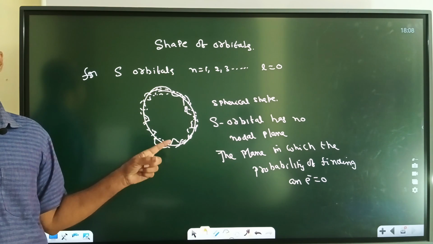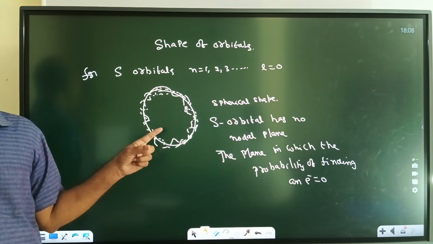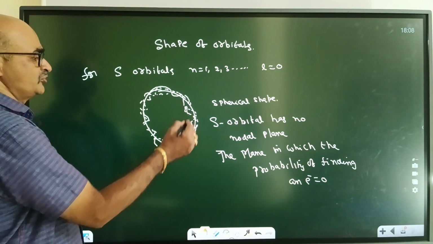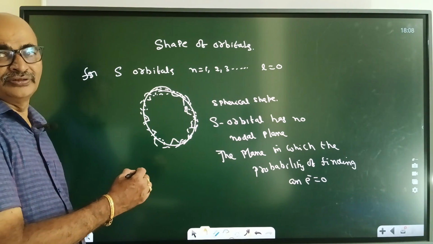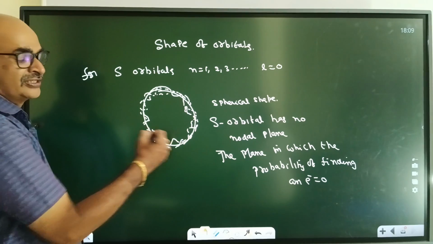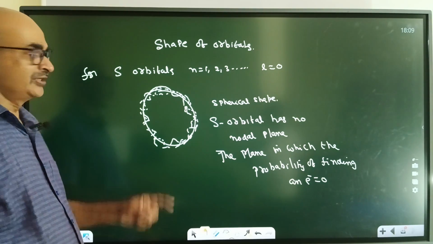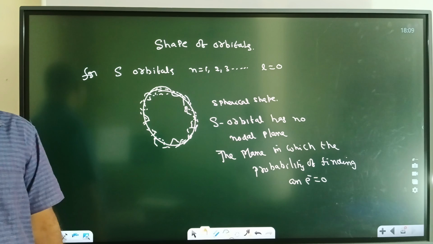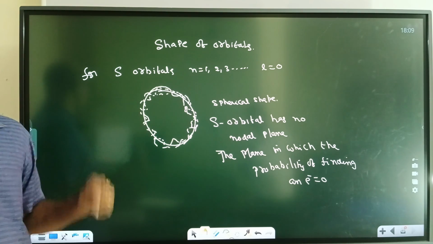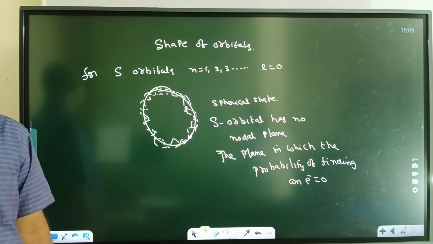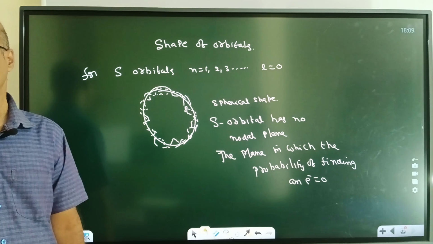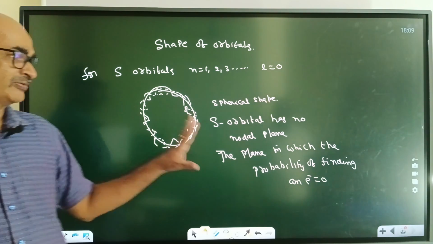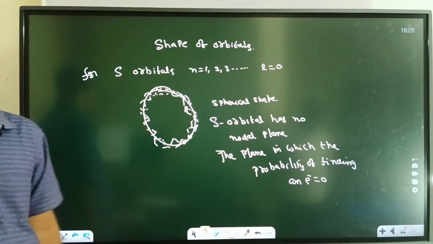Because electron density is distributed in all the directions in an s orbital, you can't draw a plane where the probability of finding an electron is 0. So s orbitals have no nodal planes.